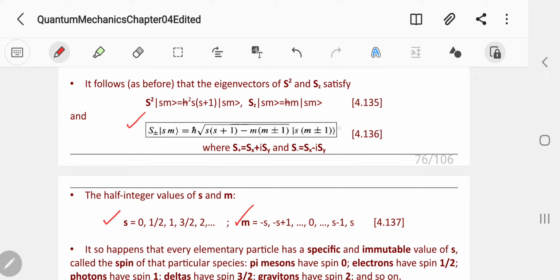So just follow this formula to get the eigenvalues. You also have a raising and lowering operator for spin here.